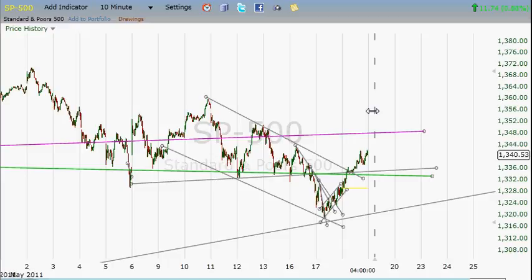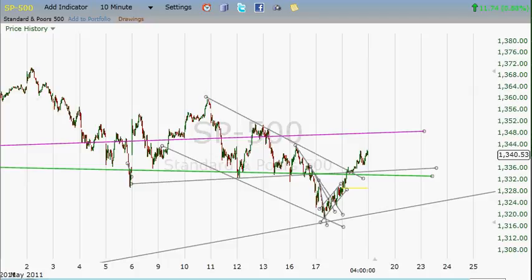So anyway, we got over this line. We didn't back test it yet, and that may be in the works. But let's see if this line holds. And I've also got this line that we were looking at as well. That definitely gave way here. So what I'm trying to say in so many words is that this looks like a pretty good bounce, but we need to now see if this market is willing to take out this line, and in so doing, get over the neckline of this pattern.